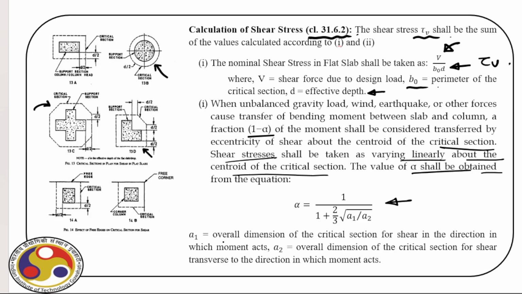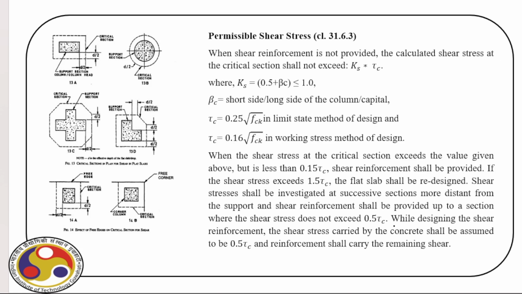So alpha is 1 by 1 plus 2/3 square root of A1 by A2. A1 is the overall dimension of the critical section for shear in the direction in which moment acts, and A2 is the overall dimension of the critical section for shear transverse to the direction in which moment acts. So accordingly we have to find it out.